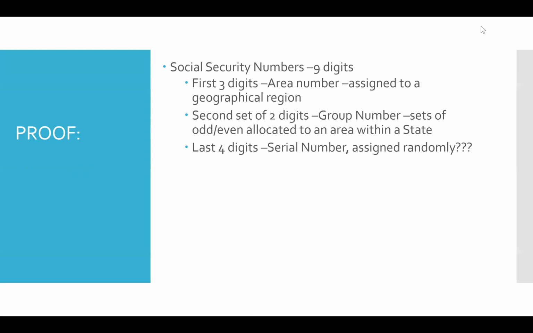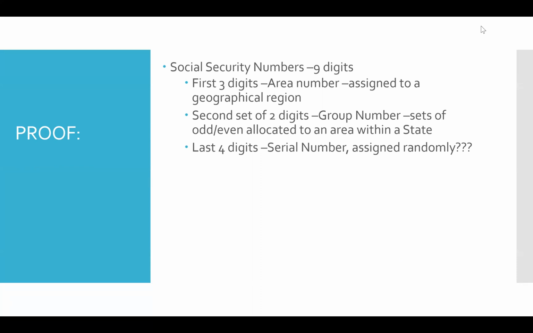The second set of 2 digits is called a group number. They start with the odd numbers and then go to even numbers and rotate back and forth, and that's allocated to an area within a particular state. But the last 4 digits, which are the serial number, are supposedly assigned at random.